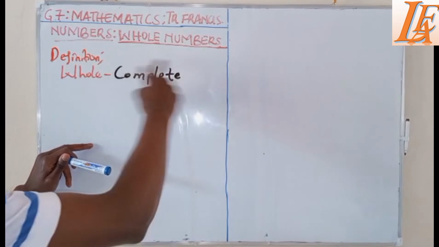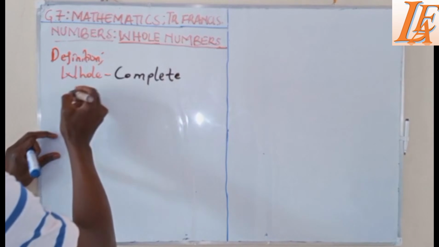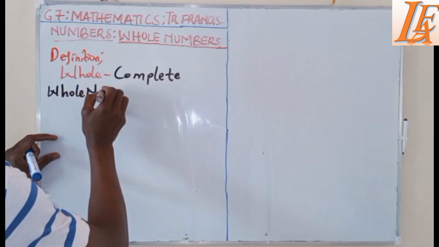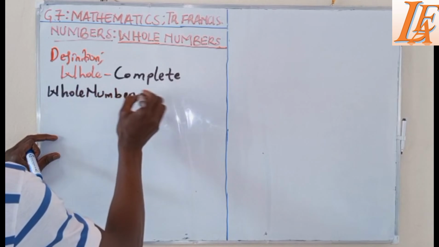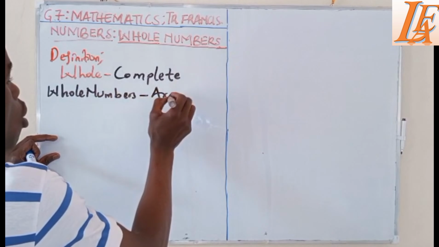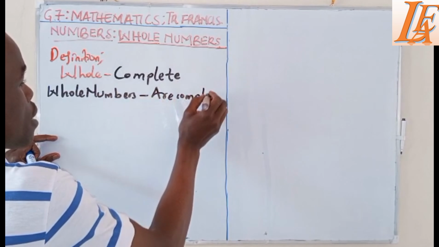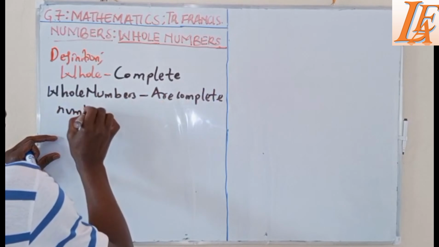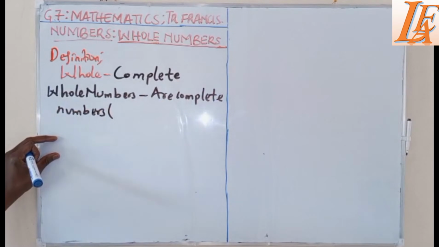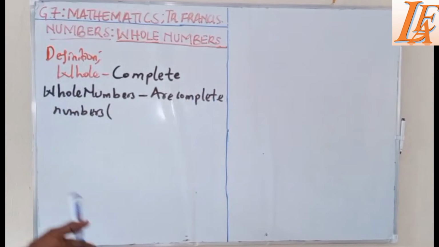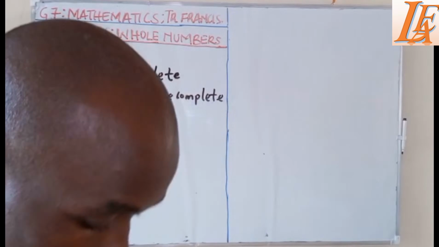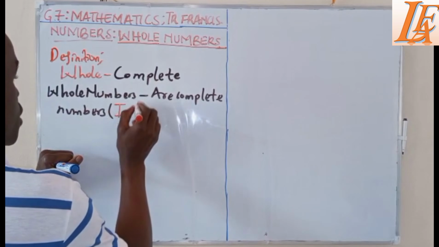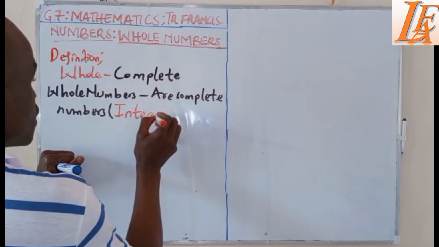So when I talk about whole numbers, these are complete numbers. Complete numbers are referred to as integers.